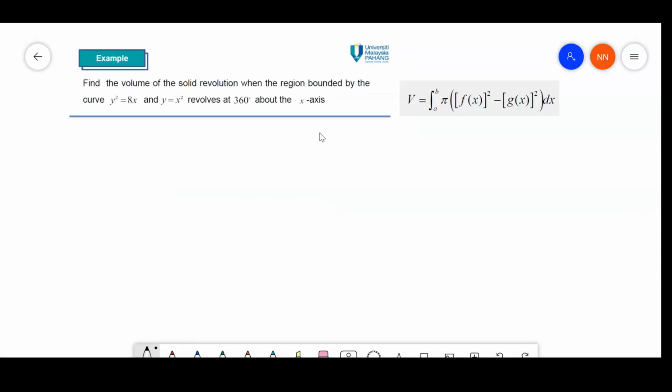Example 3. Find the volume of the solid of revolution when the region bounded by the curves y squared equals 8x and y equals x squared is revolved 360 degrees about the x-axis.